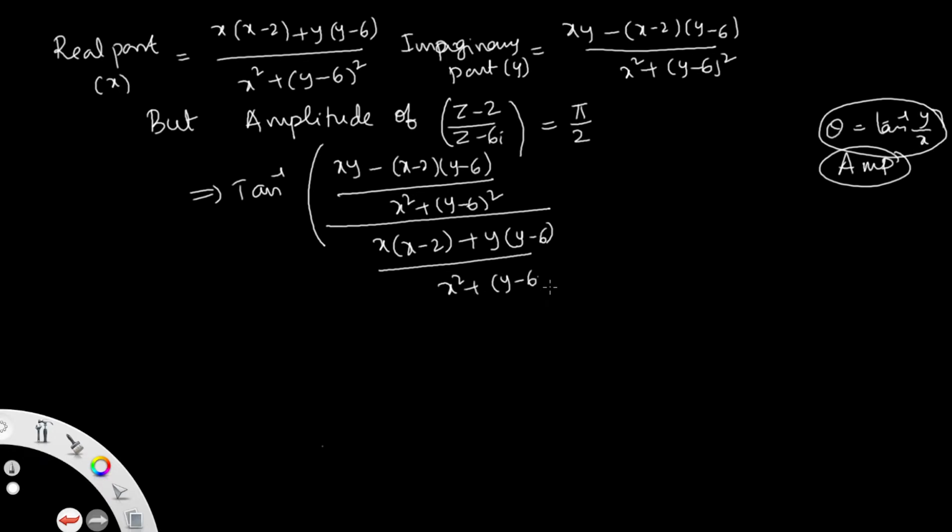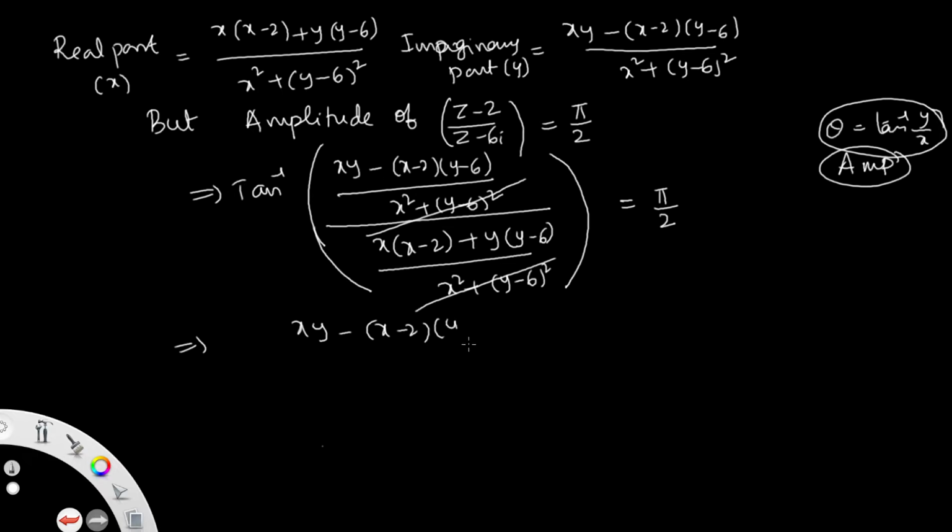The total thing becomes pi by 2. So the denominators cancel. Then bring tan inverse to the other side: xy minus x minus 2 into y minus 6 by x into x minus 2 plus y into y minus 6 equals tan pi by 2, and tan pi by 2 means infinity.